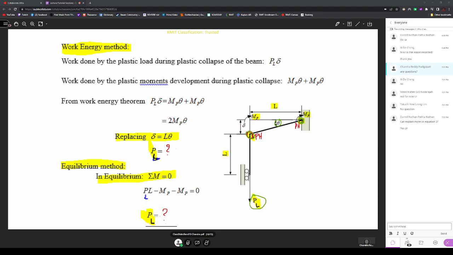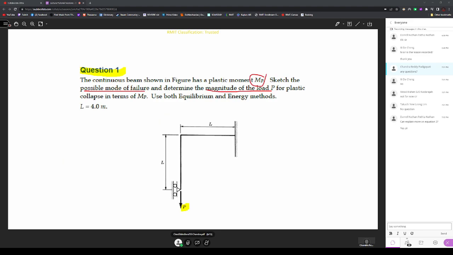The moment developed at point B will be plastic moment MP, and also at the point where the beam is connected, which is point A, right? So we'll have plastic moment. The plastic hinges develop at point A and point B. Let me check here.